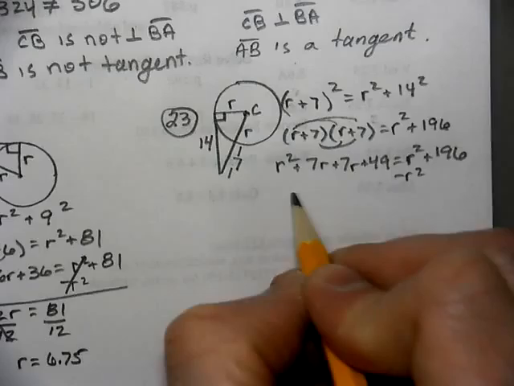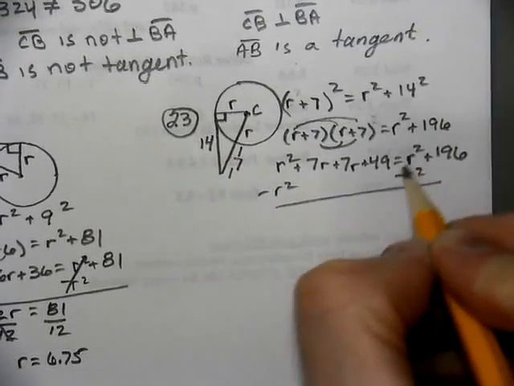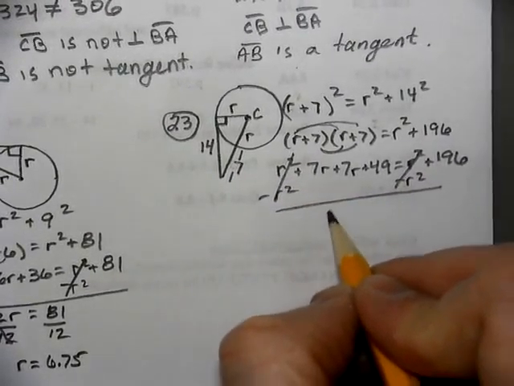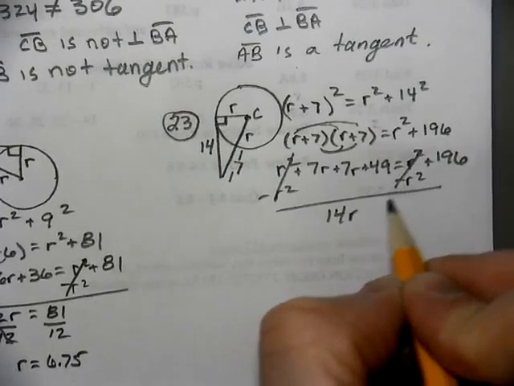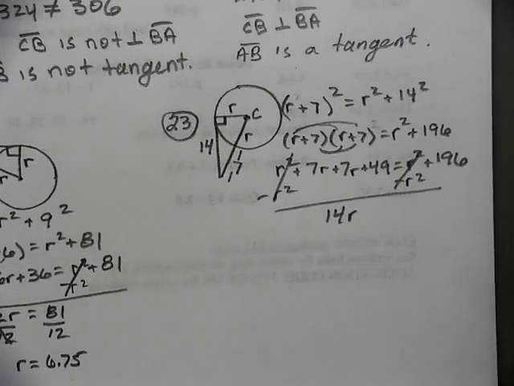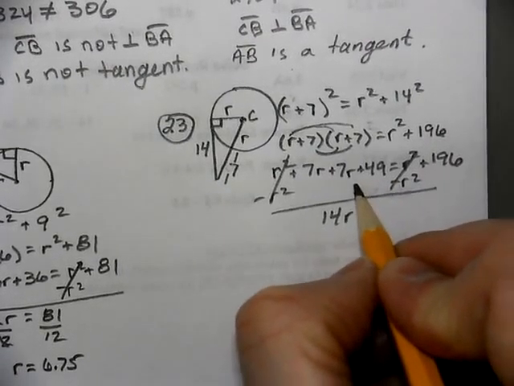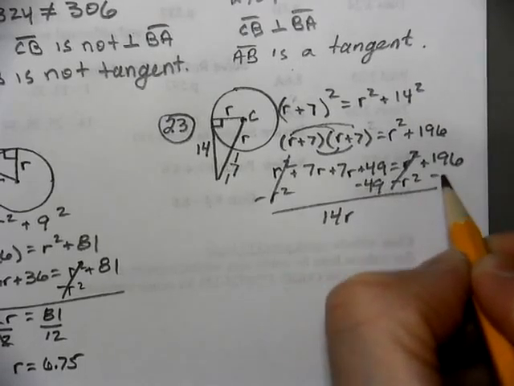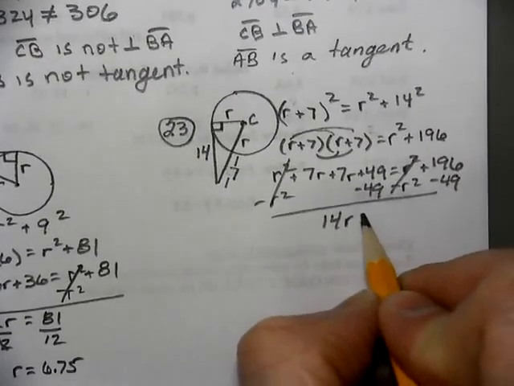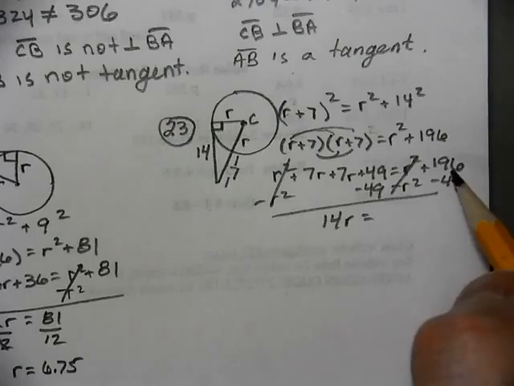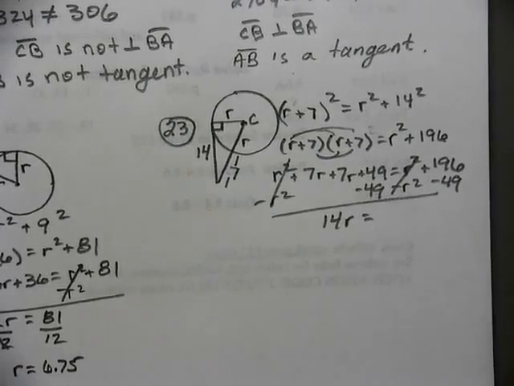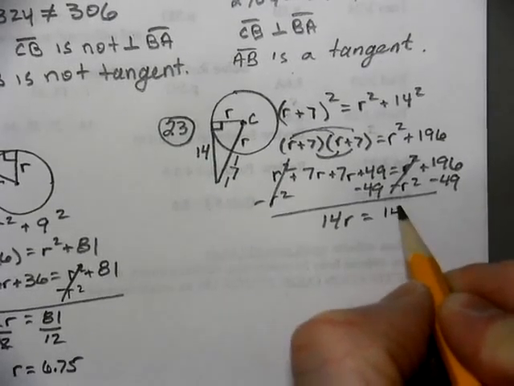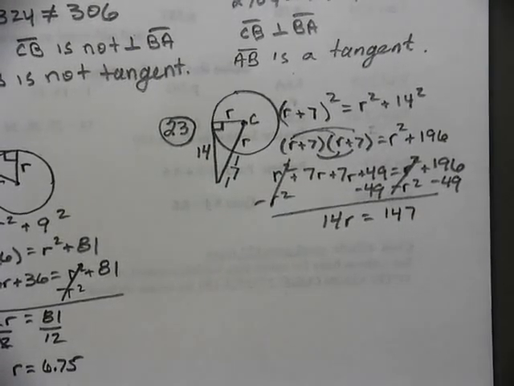Now we would subtract the r squareds. And that would leave us with 14r minus the 49. So when we subtract that, we're going to have 196 minus the 49, which leaves us with 147.